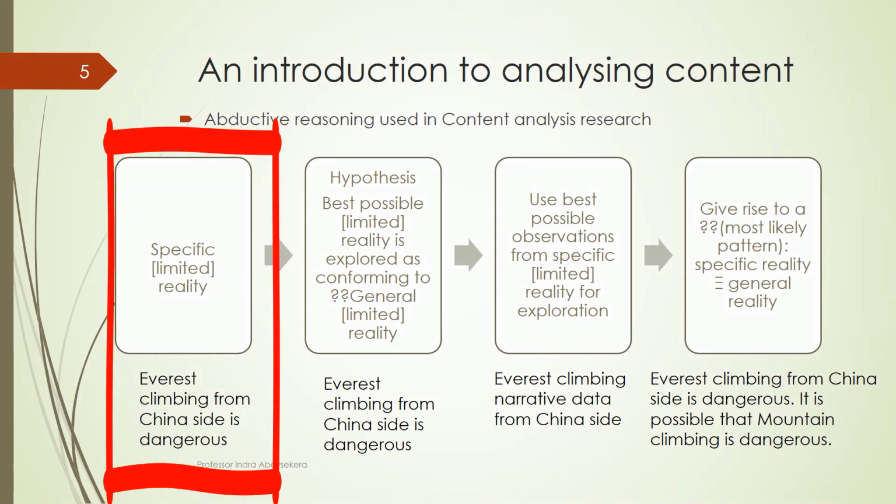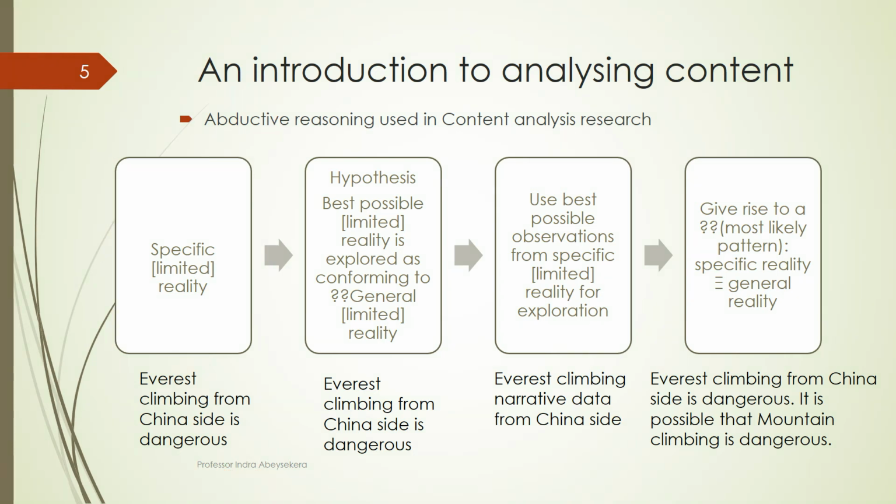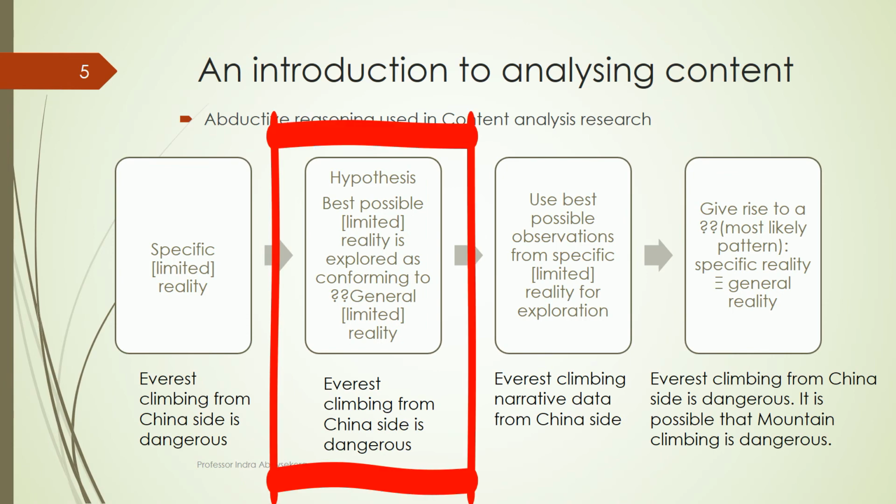That's the specific reality that we state. Our second step is to look at the best possible reality with this context and explore it as conforming to a general reality. So we look at Everest climbing from China side is dangerous.